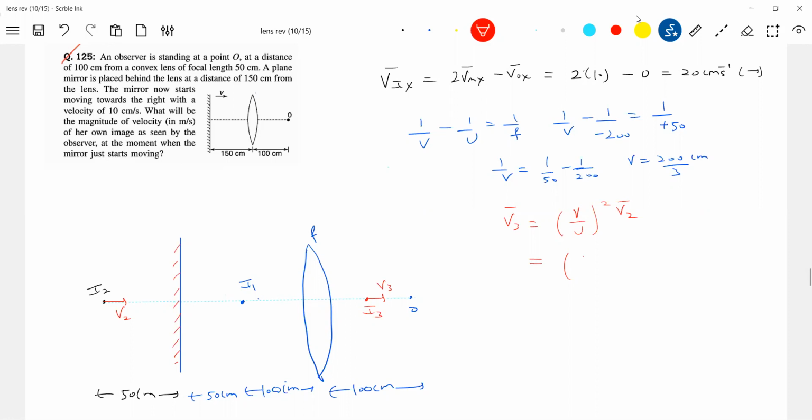What is v? 200 by 3. This will be minus 200, whole squared. V2 is how much? Velocity of that is 20, towards right. So 20 by 9 centimeter per second.